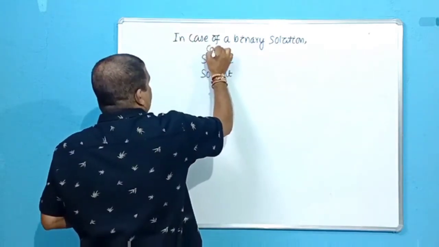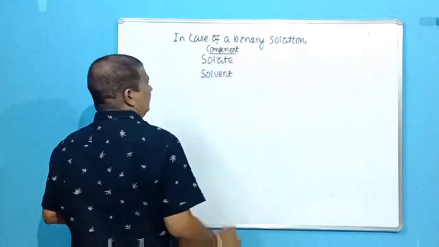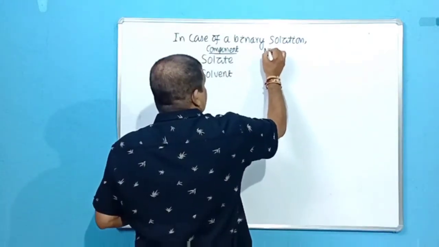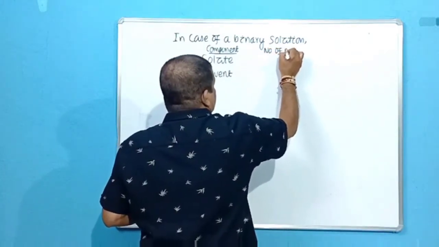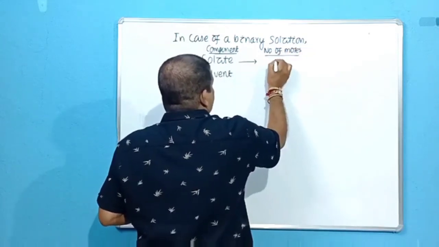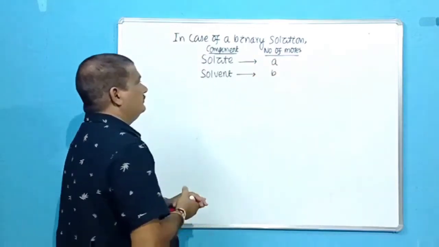So these are the components in case of a binary solution. Components are solute and solvent. So let us say the number of moles present: for solute, let it be A. For solvent, let it be B.